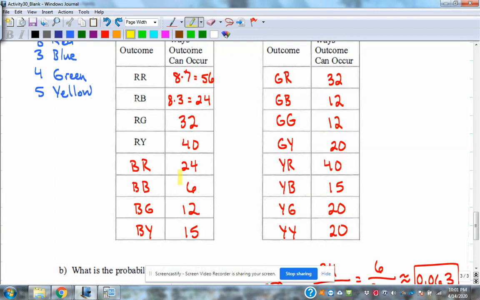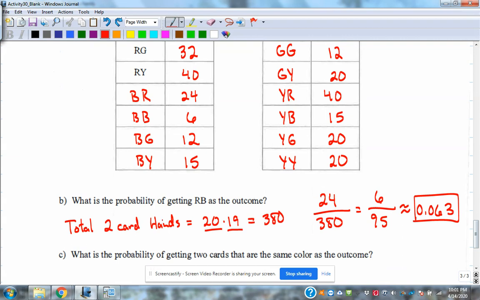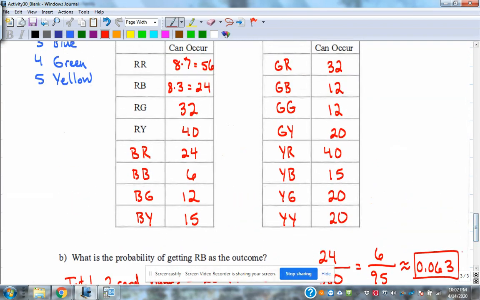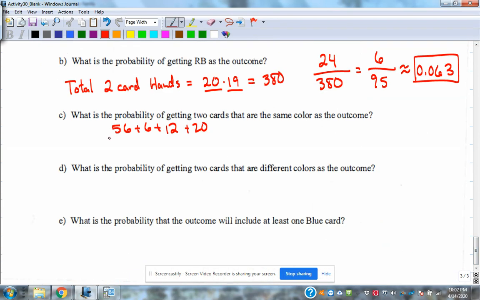So 56 plus 6 plus 12 plus 20. 12 is right for green, green, yes.